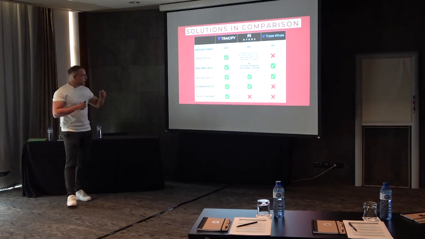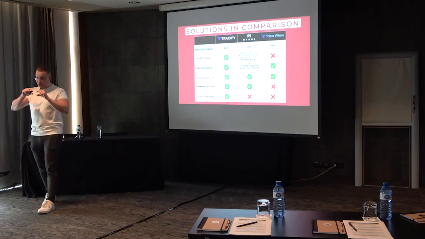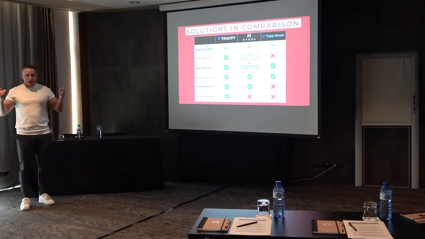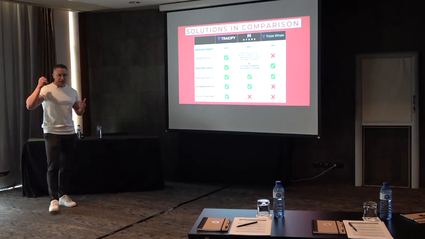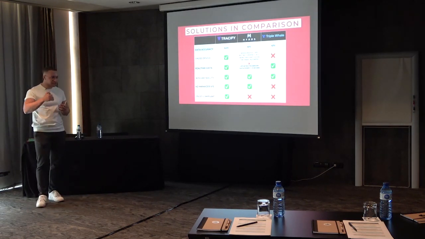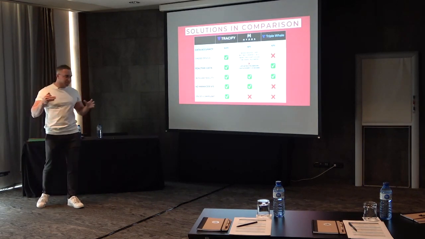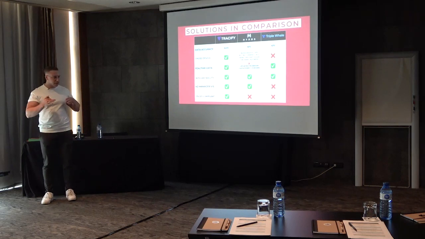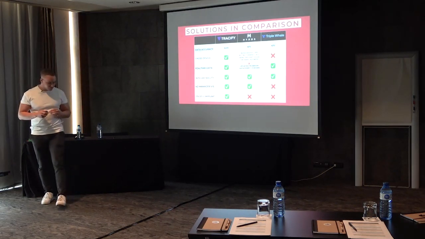But for example, Hyros and Tracify also have the possibility to show this data in your ad manager, so you can just do it like it wasn't iOS 14. So you can just do your media buying like nothing happened, and you can scale your campaigns easier because you have all your data in your ad manager.